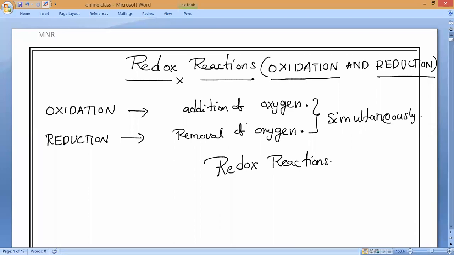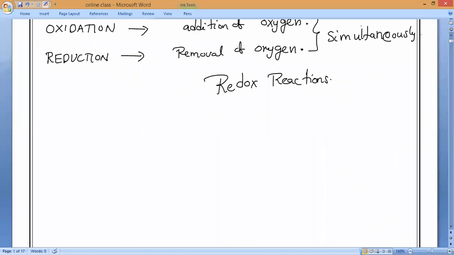Now, you should know who said this about redox reactions: a Nobel Prize winner, Madame Curie. Have you heard of Madame Curie, who did the research on radiation?